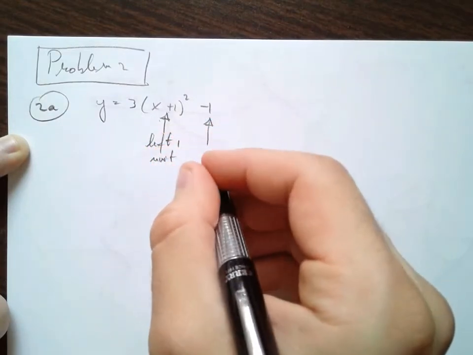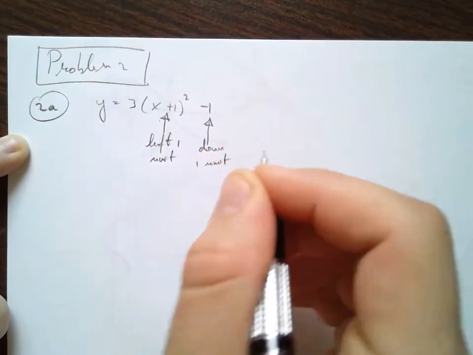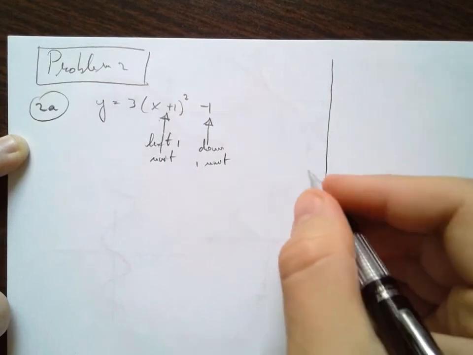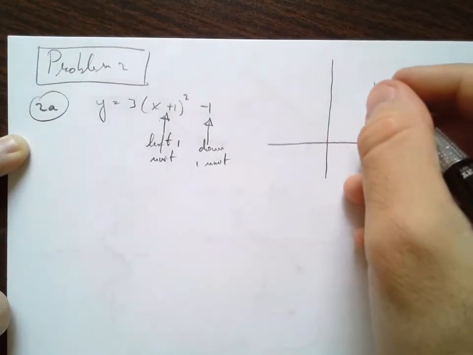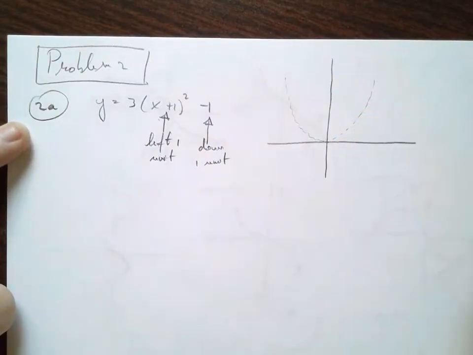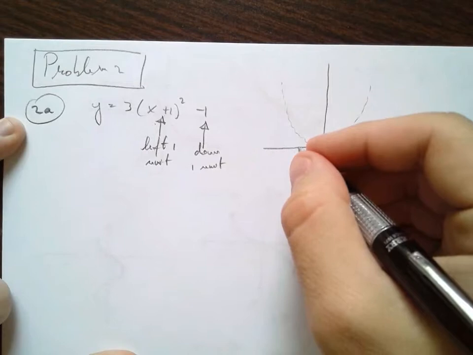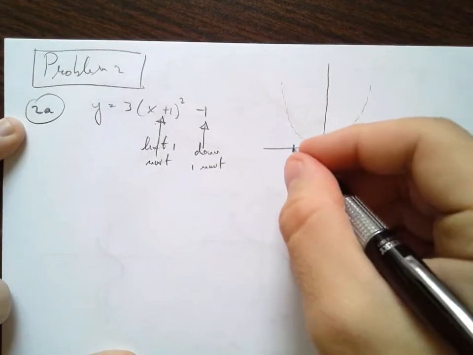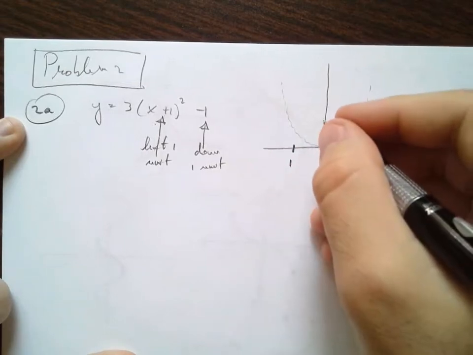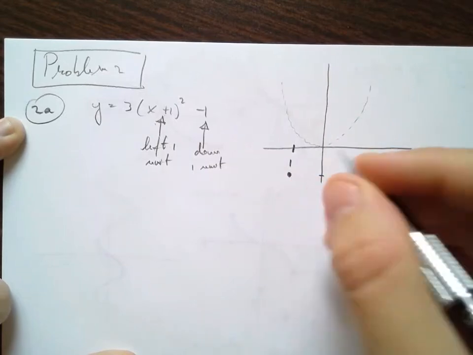And this is now shifting it down 1 unit. So when I graph that, starting with the graph of the original y equals x squared, what I end up with is I shift to the left 1 unit, and I shift down 1 unit, so I'm now down over here.